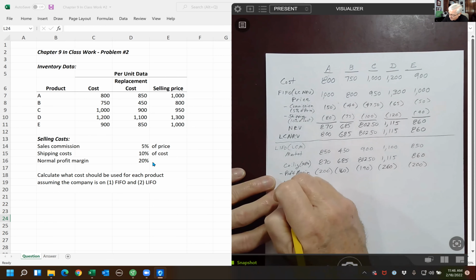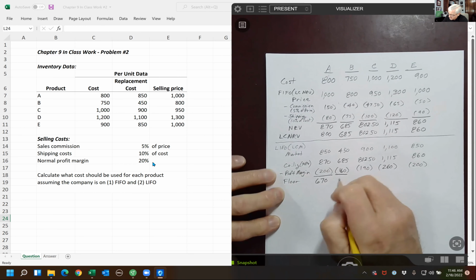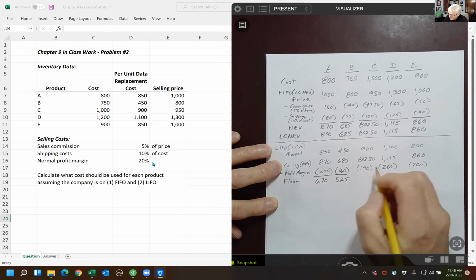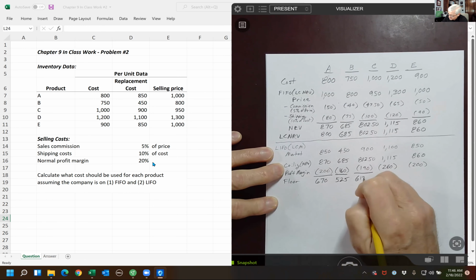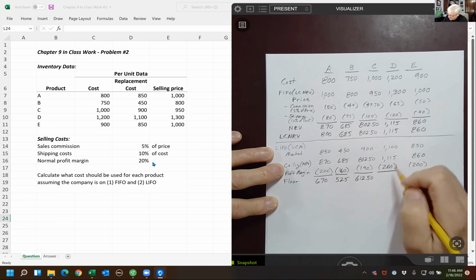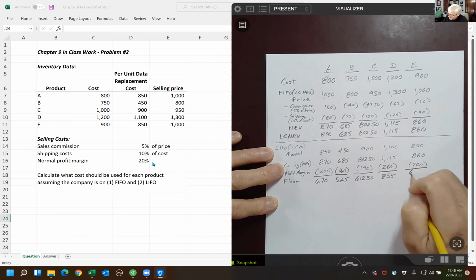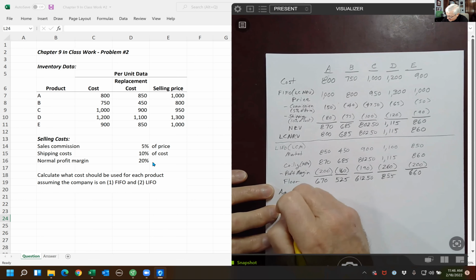So now we have the floor. So 525. That's just 855. 660. So now let's do adjusted market.